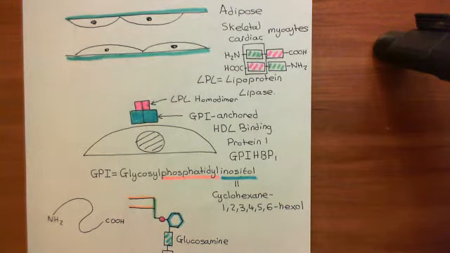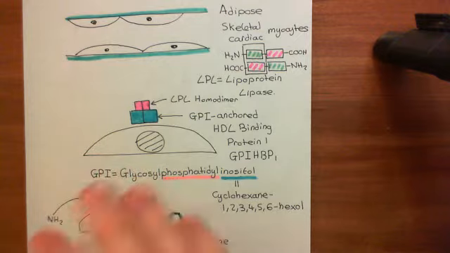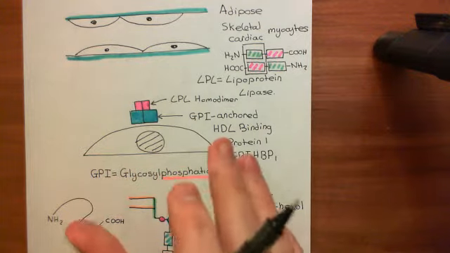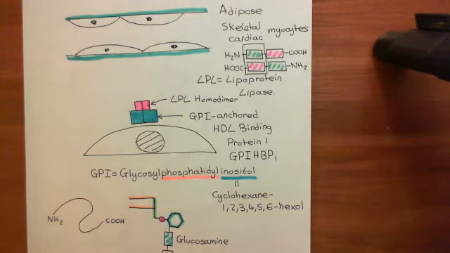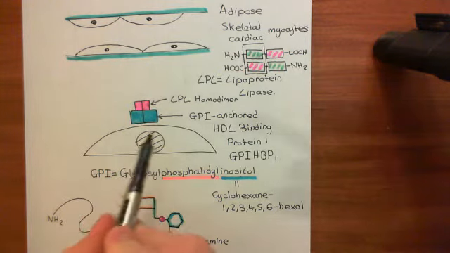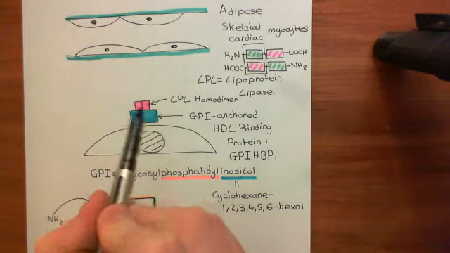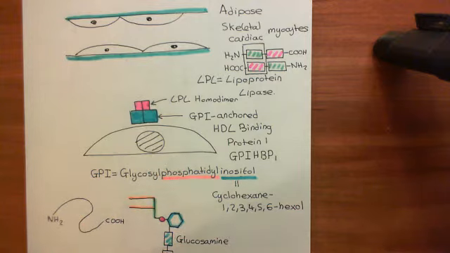So basically, on the endothelial cells of capillaries within adipose tissue and also within skeletal muscle tissue and also cardiac muscle tissue, the endothelial cells have this assembly on their surface. And this assembly can harness lipid molecules that are within chylomicrons.